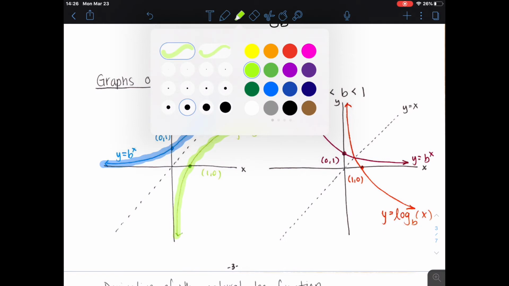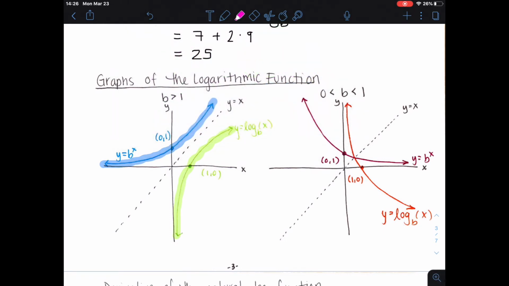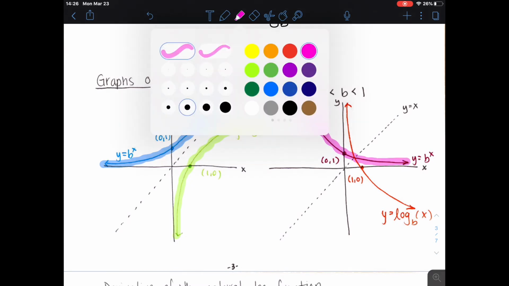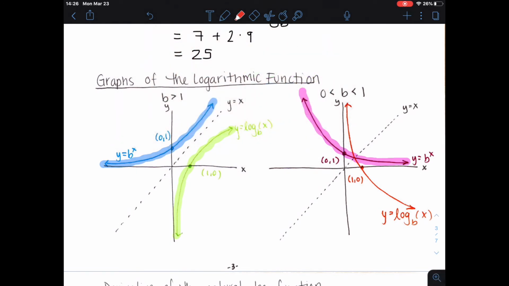Same thing if we go to look at the base being between 0 and 1. Here's the graph of y equals b to the x, so that's our exponential function. Our logarithmic function is its inverse. So you get this other graph, which is really a reflection of the other base.